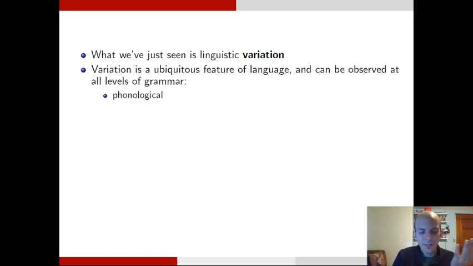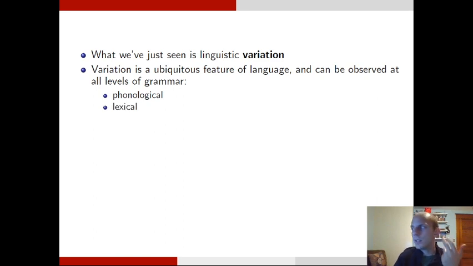If you have the sentence, for instance, I have been talking a lot today, you can say it one way, or if you're from across the pond, you might say it another way, right? Been, for that word, which is spelled B-E-E-N. That's a phonological variation that we have amongst English speakers.